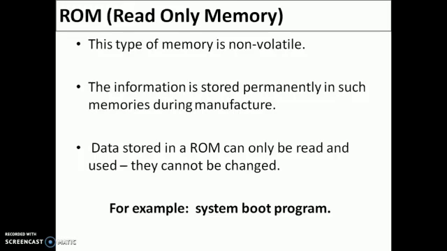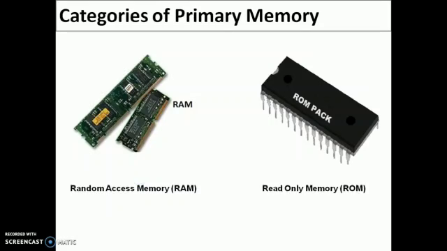It also looks for an operating system and loads its core part into the volatile RAM of the system to produce the initial display screen prompt. So, categories of primary memory: RAM, random access memory, which has two types, SRAM and DRAM, and ROM, read-only memory.